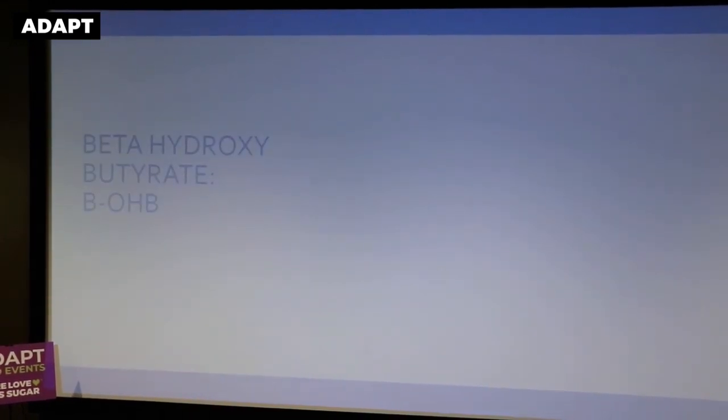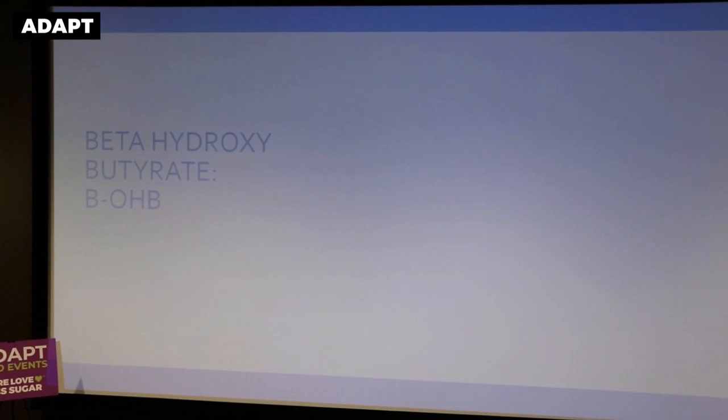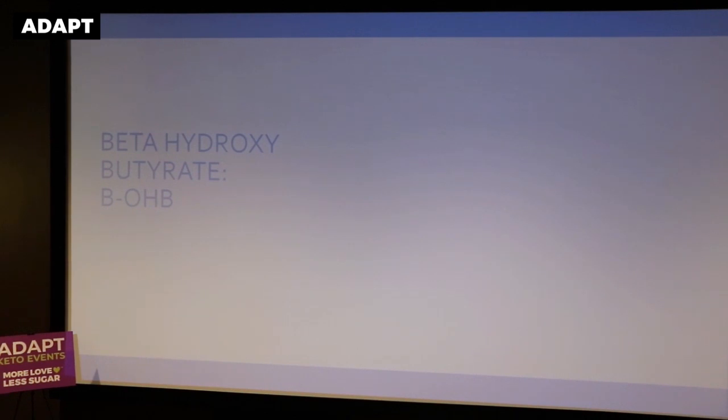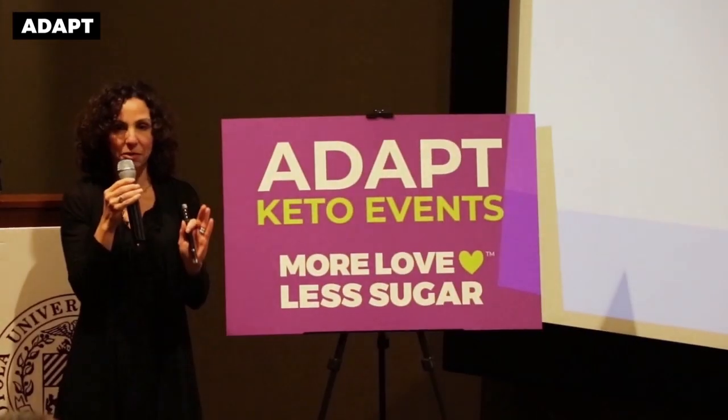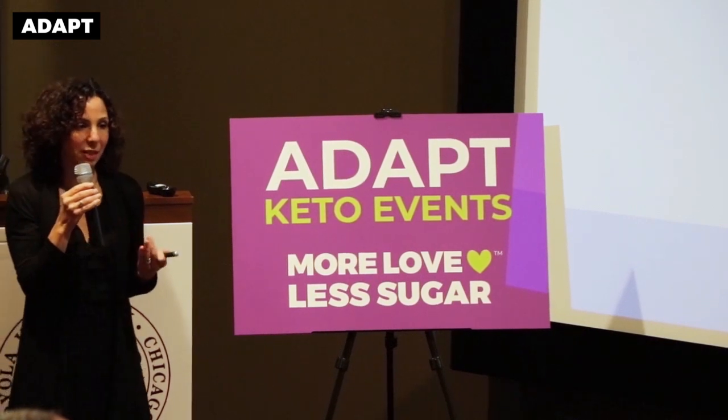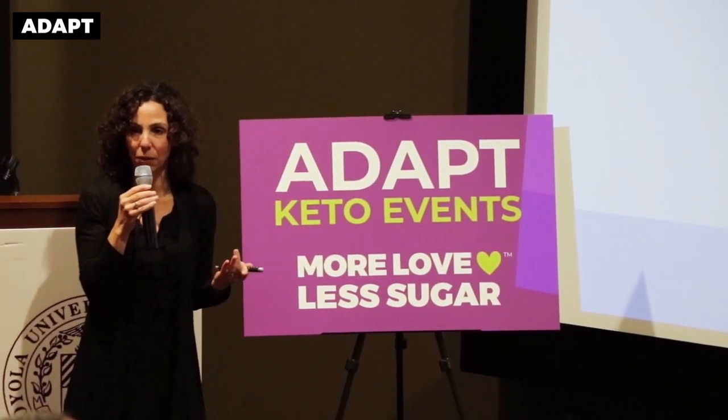All right, so let's talk about beta-hydroxybutyrate. When we go on a ketogenic diet and we convert our body into a fat-burning machine, really that's our goal, right? Let's pause for one second and talk about why that's important. I'm just going to use the example of a marathon runner.